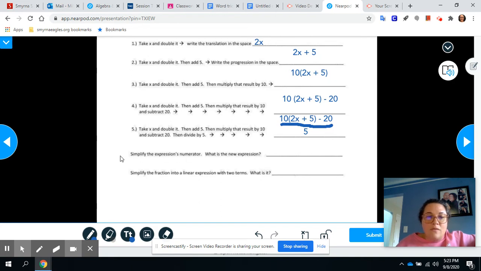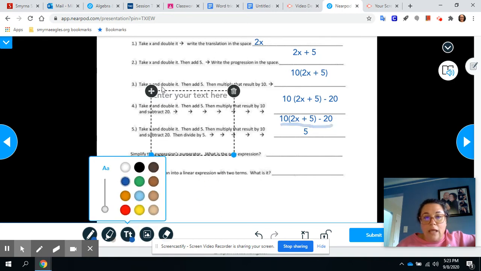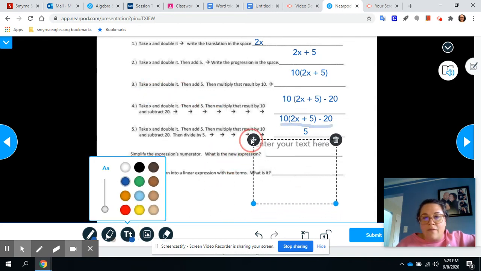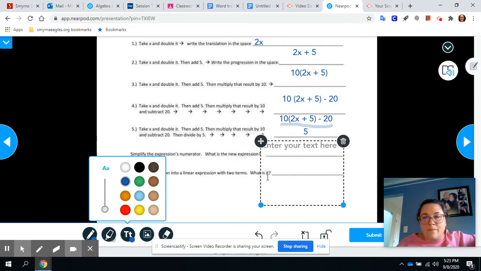And what we're going to do is simplify the expression's numerator. What's the new expression? So what we need to do is a little bit of distributive property like we did for the warm-up. We're going to take 10 times 2x, and 10 times 2x is 20x. And 10 times 5 is 50. So let's see if we can do this.